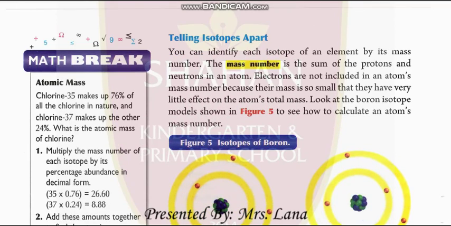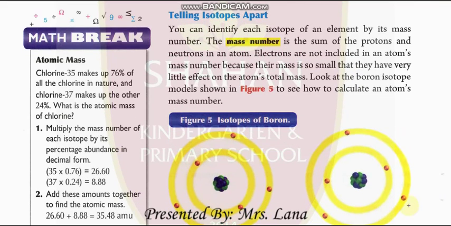Telling isotopes apart: you can identify each isotope of an element by its mass number. Mass number is the sum of the protons and neutrons in an atom. Electrons are not included in an atom's mass number because their mass is so small that they have very little effect on the atom's total mass.